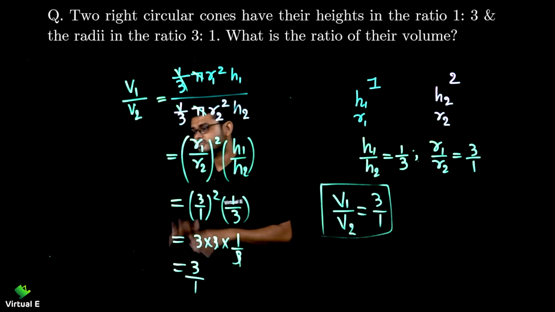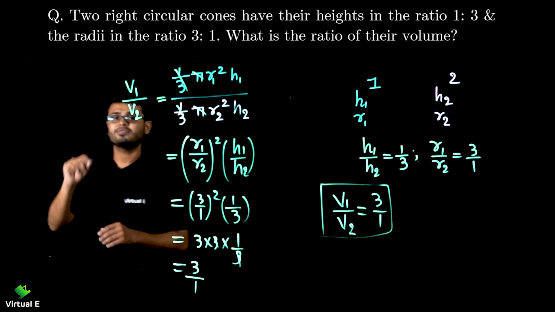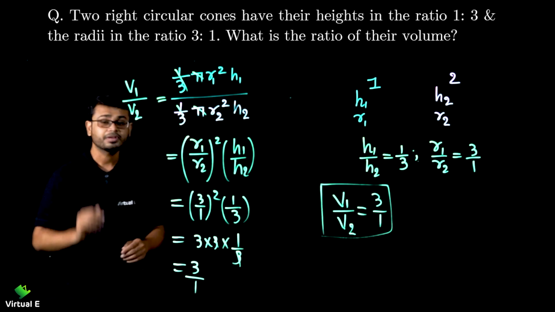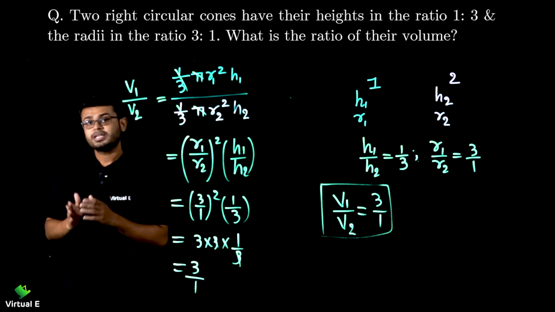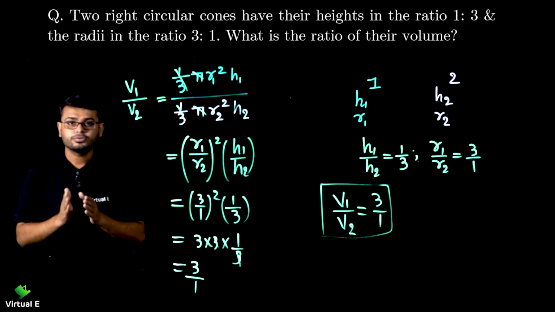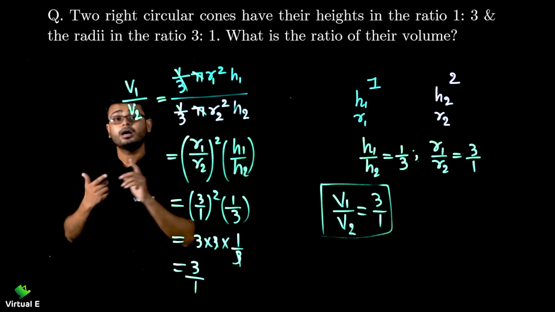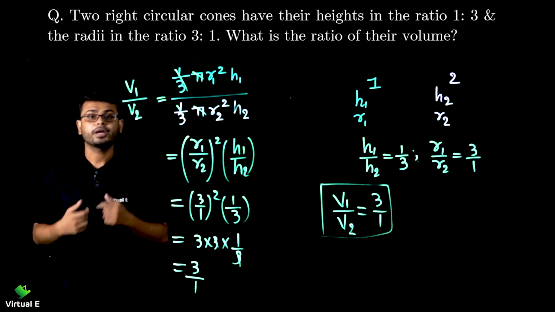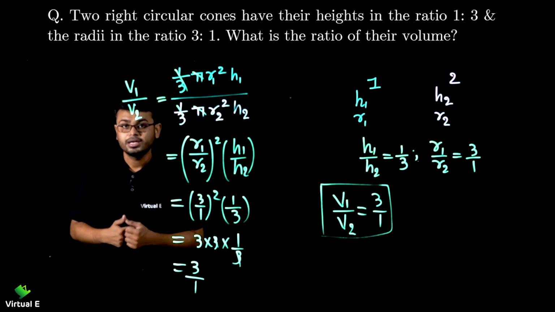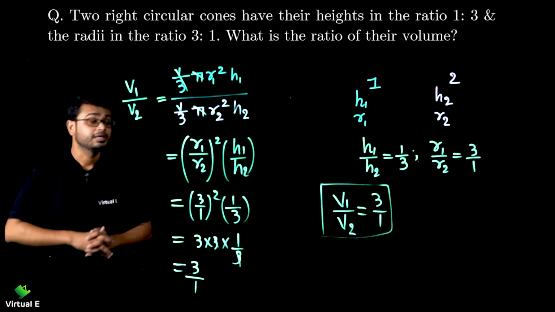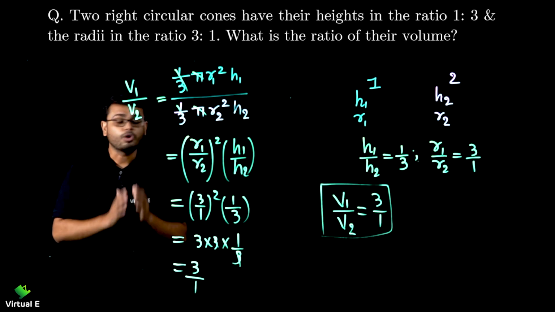So this is our chapter number 13, surface areas and volumes. What we discuss in this chapter: surface area and volume related to a few shapes that we were already aware of. Cube, cuboid, cone, cylinder, sphere, hollow cylinder as well at some point. Then we learn about volume conversion.